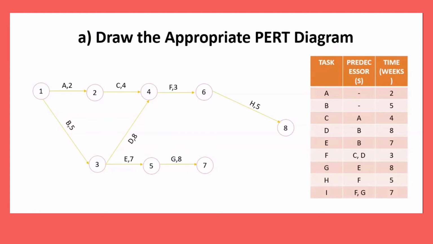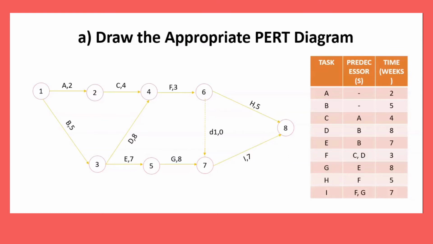And then we insert dummy 1, duration time 0. So now F and G end at node number 7, and then we start I, duration time 7.